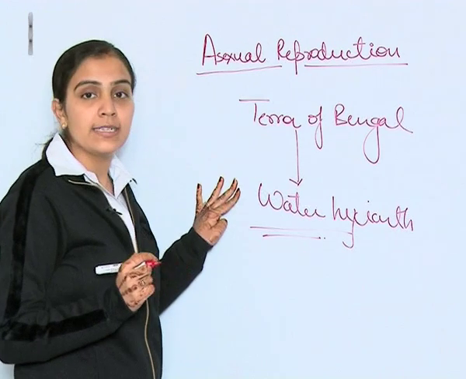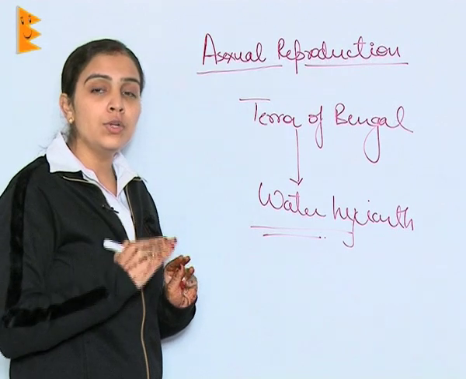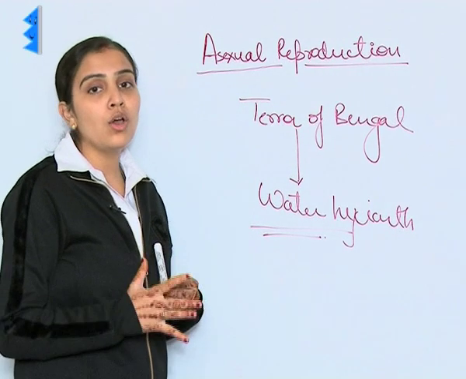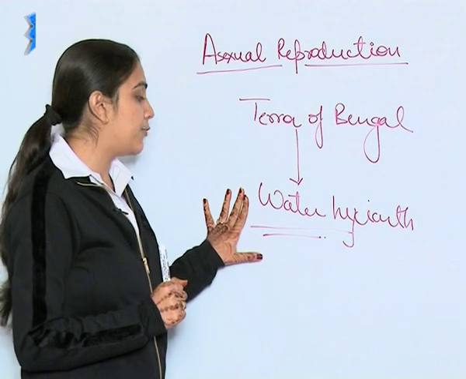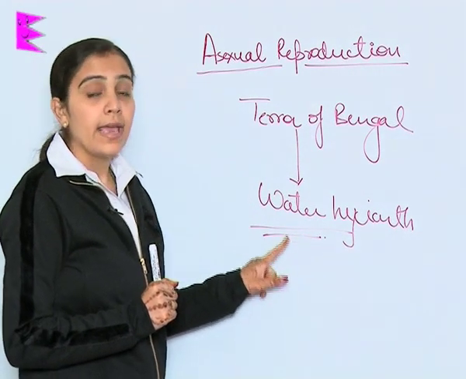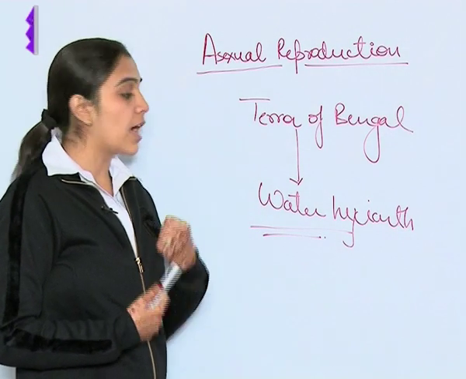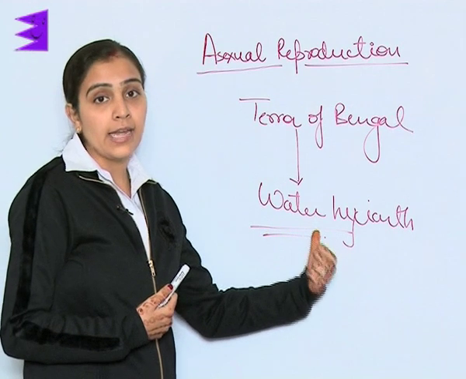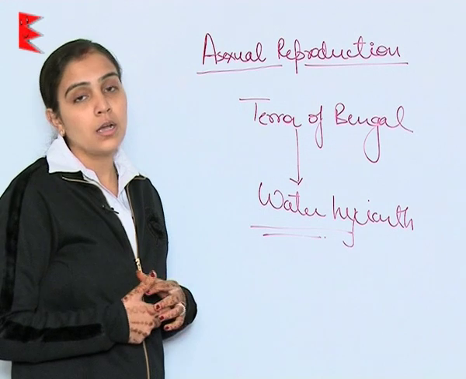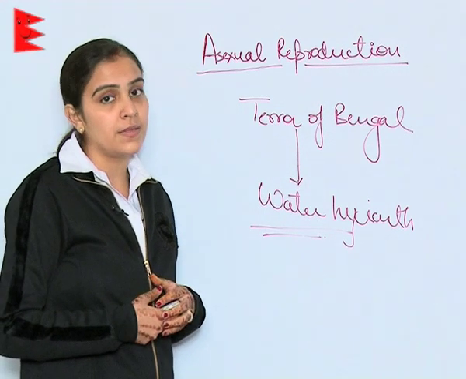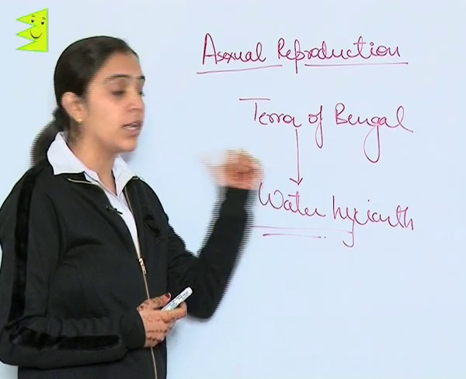So what this plant did, it went on growing. It grew to a level at which the whole water body was covered by this plant. The whole surface was covered by this plant, and thus all the oxygen was sucked out by this plant, and thus it led to the death of all the fishes, aquatic plants and animals present in that water body. That's why it is known as the terror of Bengal.